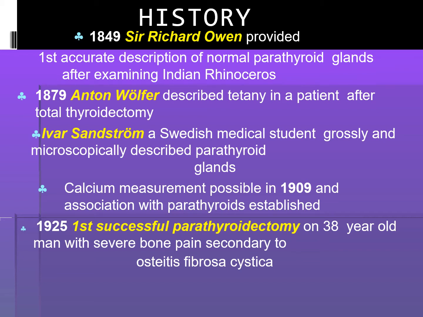Calcium measurement was made possible in 1909 and its association with parathyroids was established. In 1925, the first successful parathyroidectomy was made on a 38 year old man with severe bone pain secondary to osteitis fibrosa cystica.